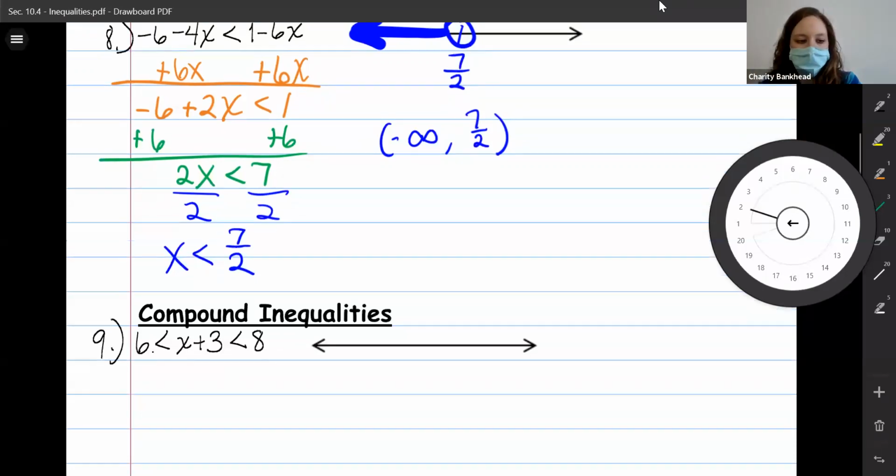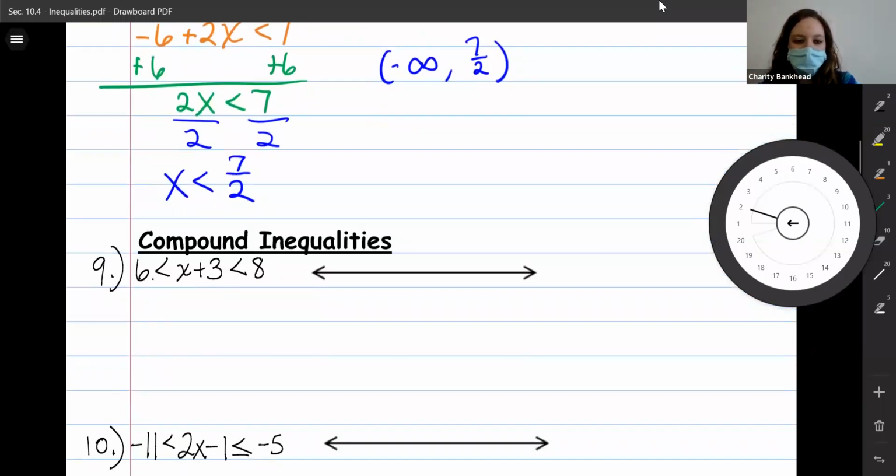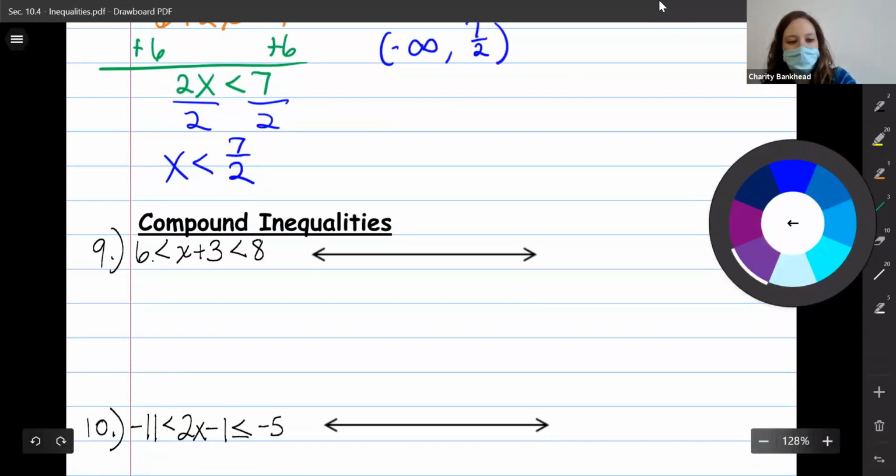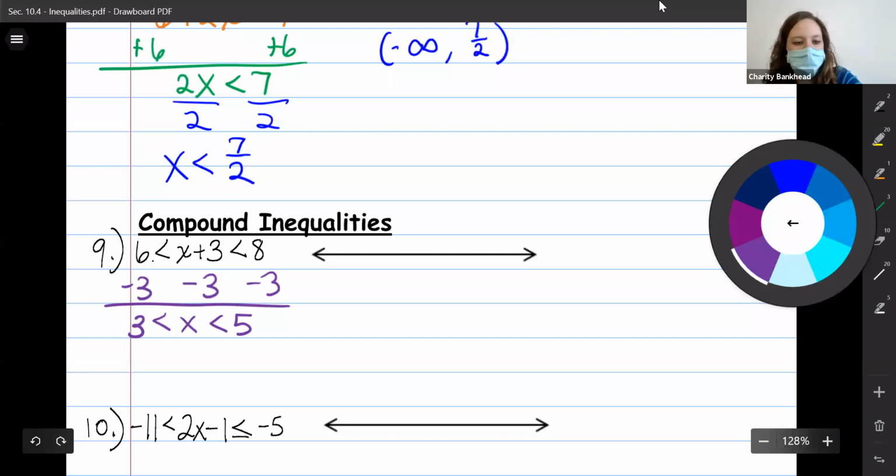So I need to get x by itself, which means I need to subtract the 3. So I need to subtract 3 from each of the 3 sections, like that. Which gives me 3 is less than x, which is less than 5. So then on my number line, I'm going to mark 3 and 5.